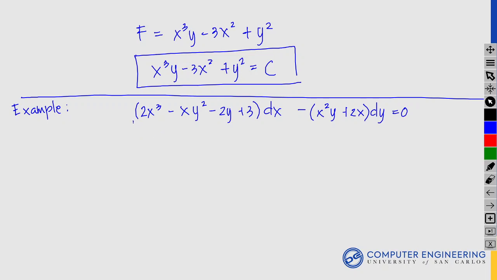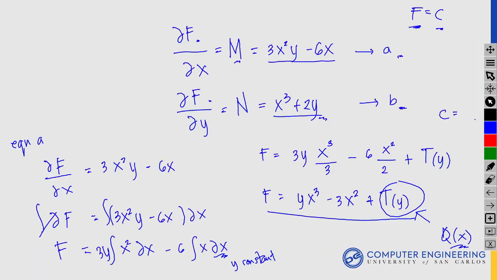So remember this, the coefficient of dx we assume to be M. The coefficient of dy, we assume to be N. So the check is if the partial derivative of M with respect to y is equal to the partial derivative of N with respect to x.